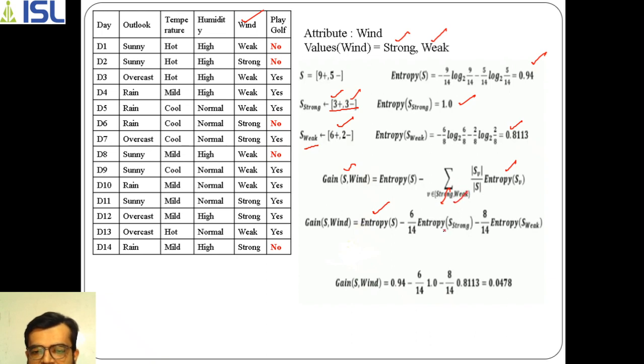Summation means we need to add all of those values, strong and weak, along with their probabilities. 6 times strong is coming and 8 times weak is coming, that's why here it is 6 by 14 and here 8 by 14. So we substitute the same values which we calculated there, and finally we got the value as 0.0478.